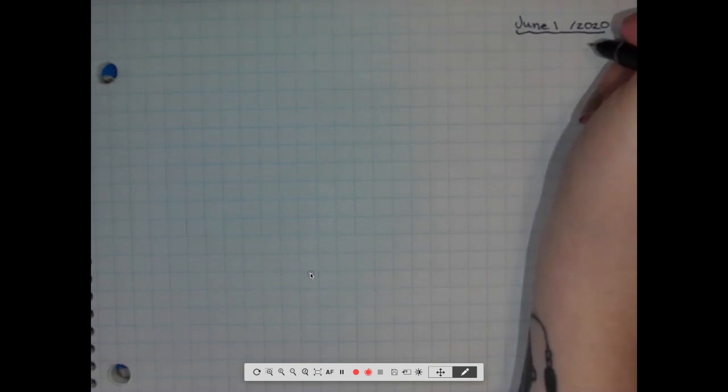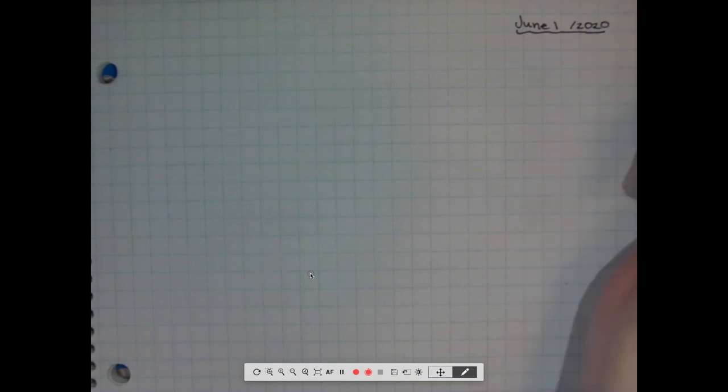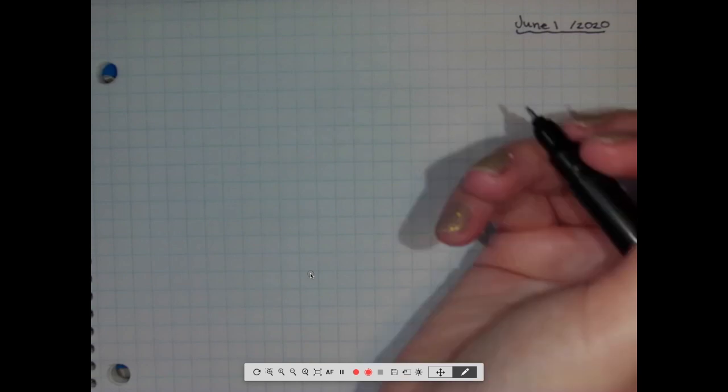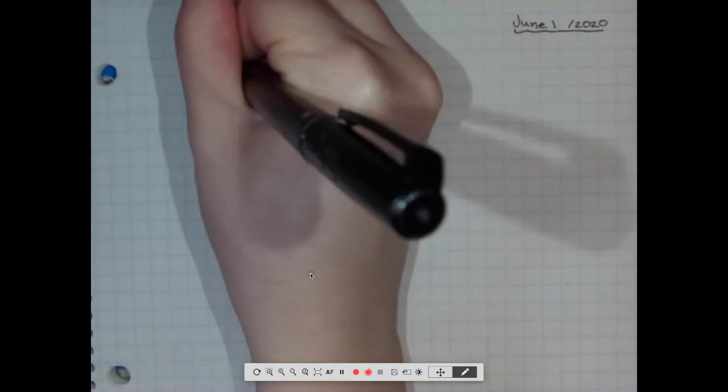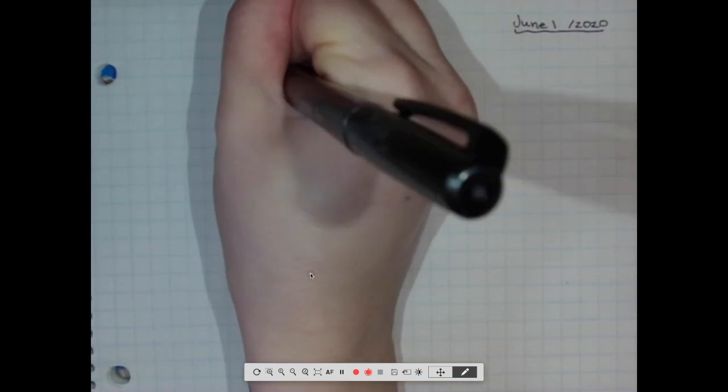So volume of triangular prisms you will find easier than the surface area of triangular prisms. Generally, students just find volume calculations to be simpler. So let's get our title down and get going.